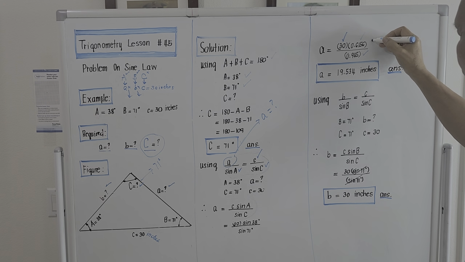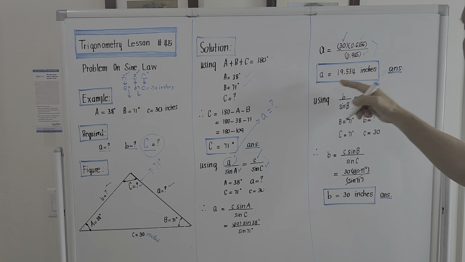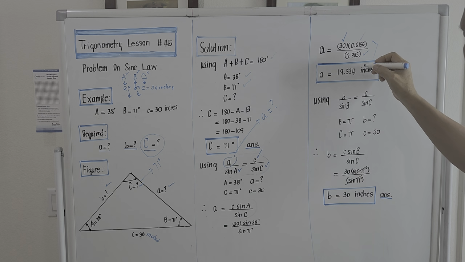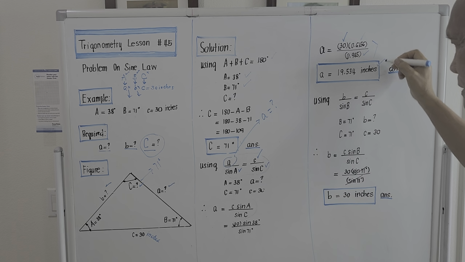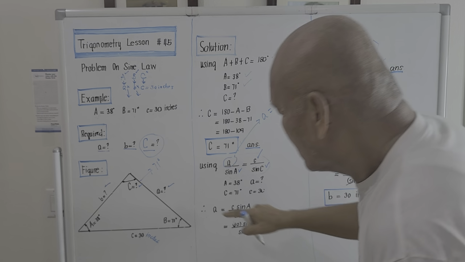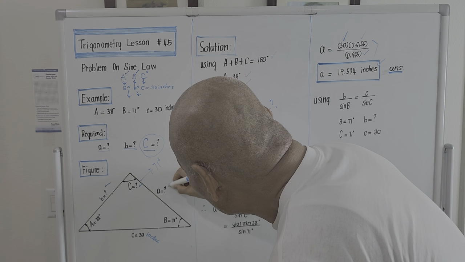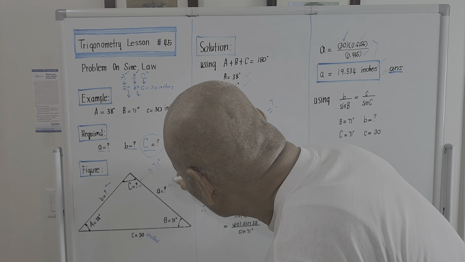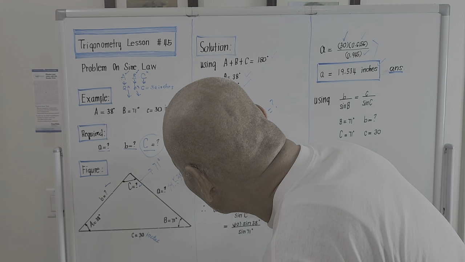If we simplify this by using our calculator, the value of side A will be 19.534 inches. This side A here should be 19.534 inches.